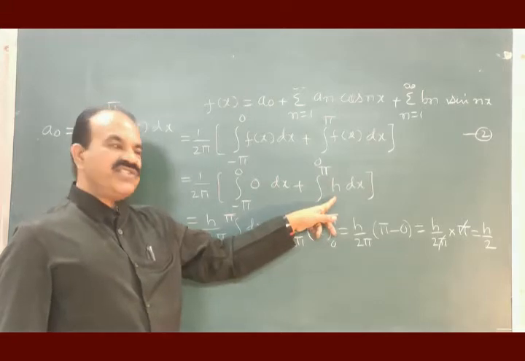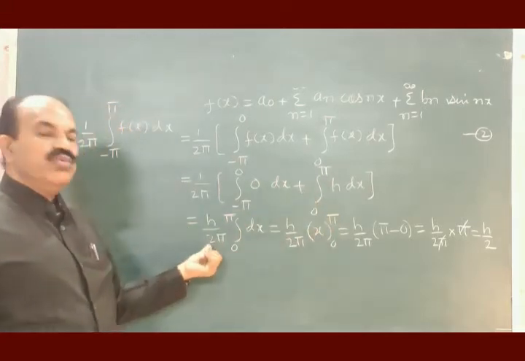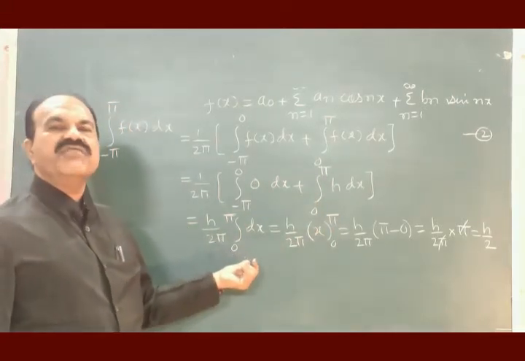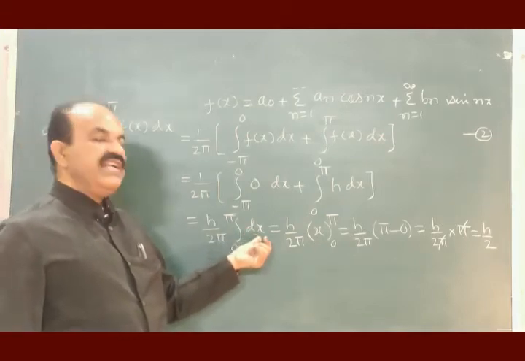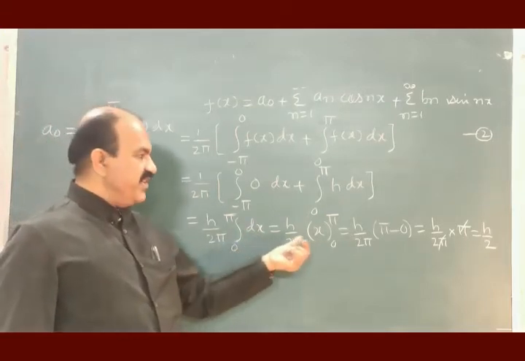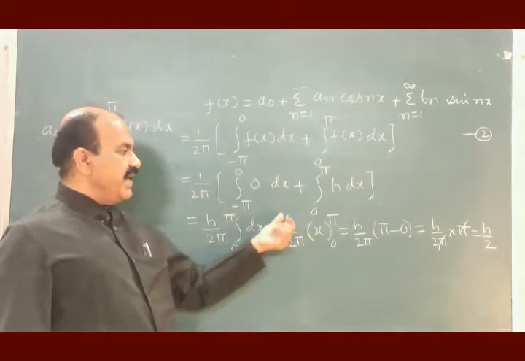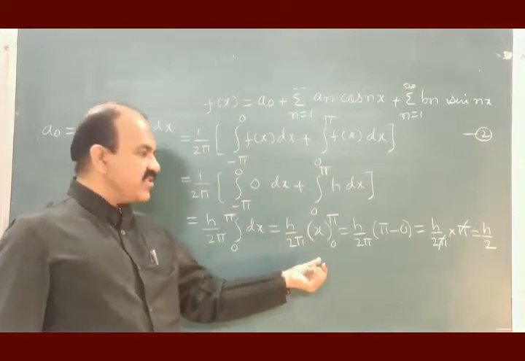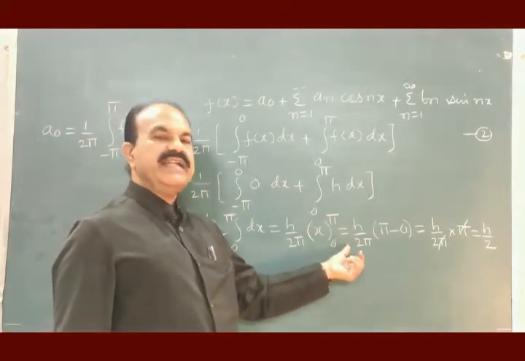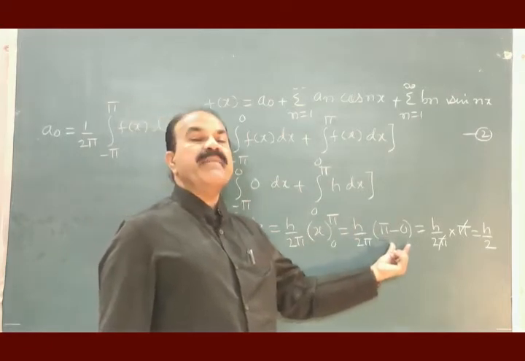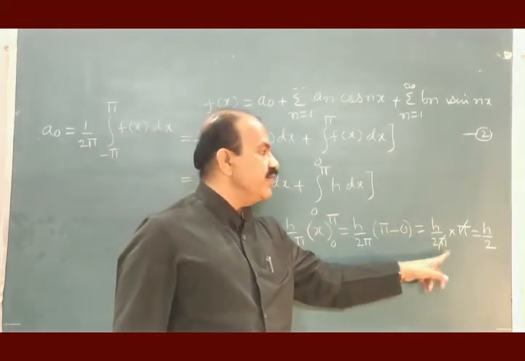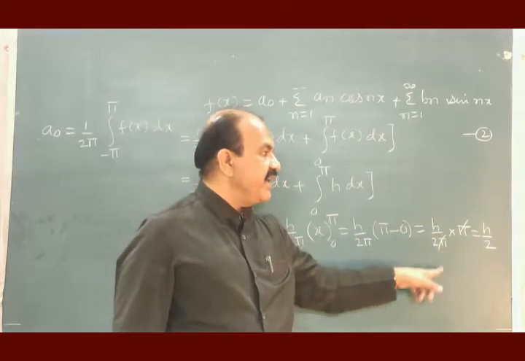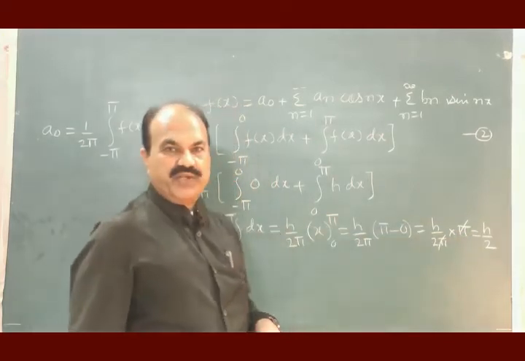Take this constant h outside the integration to write h by 2 pi integration within the limit 0 to pi dx. Integration of dx is x, limit 0 to pi: h by 2 pi, x within the limit 0 to pi, that is h by 2 pi into pi minus 0, that is h by 2 pi into pi. Pi gets cancelled, what is left? h by 2.